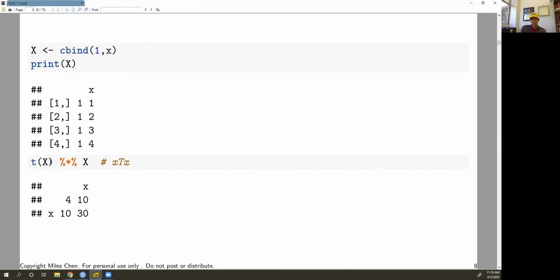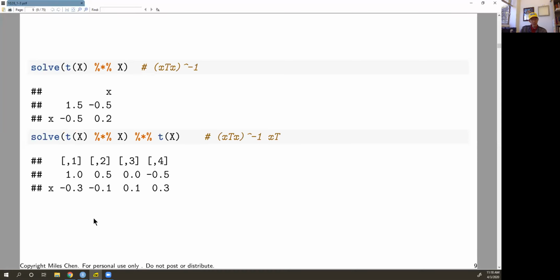The transpose operation in R is the function t. So X transpose times X is this 2 by 2 matrix. To take the matrix inverse in R, you use the function solve. Solve applied to a matrix will find the matrix inverse.